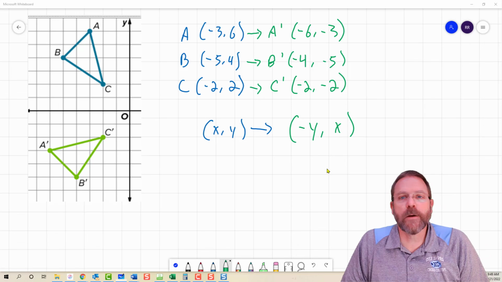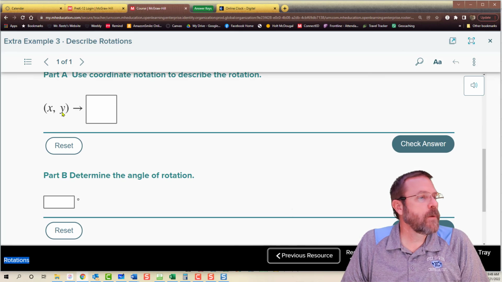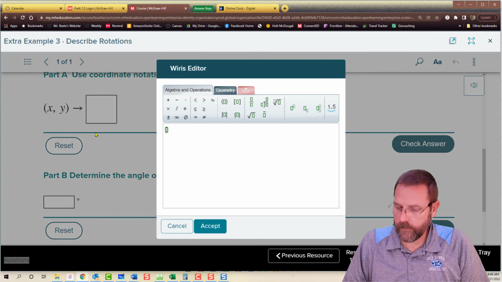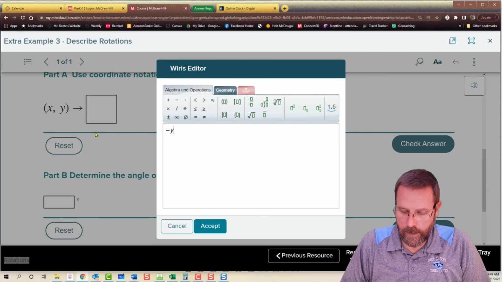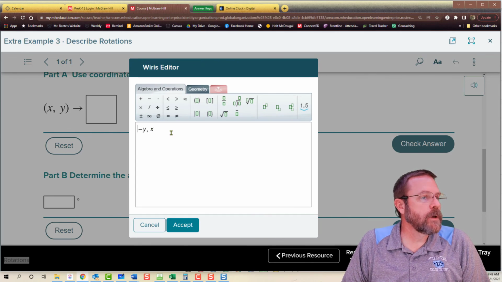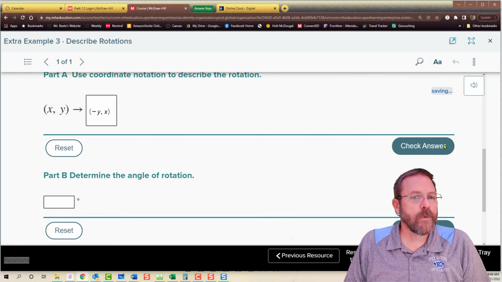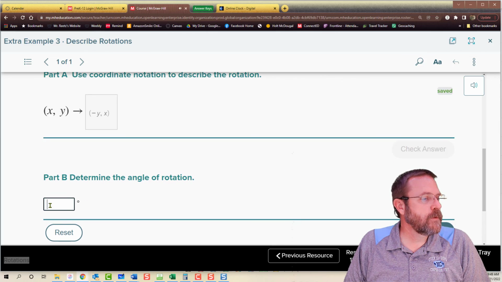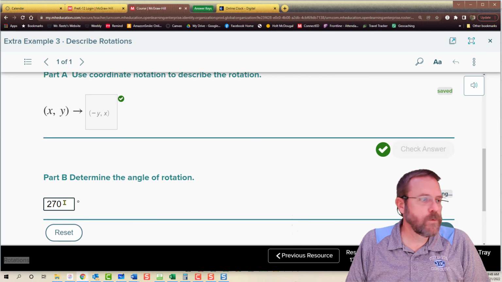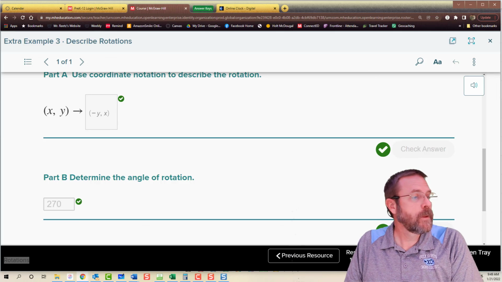So we're going to jump back over here to our textbook, and we're going to plug in our new points of (-y, x), and that does all need to be in parentheses. So let me put a parentheses here and go to the end. Parentheses there, accept and check. That means that this is going to be a 270-degree rotation.